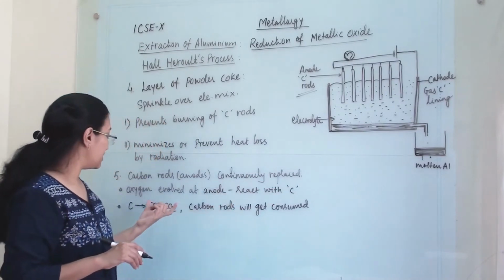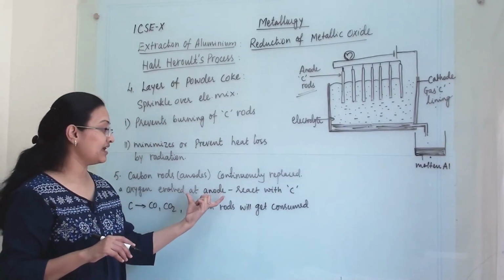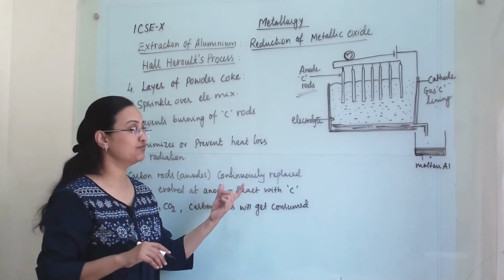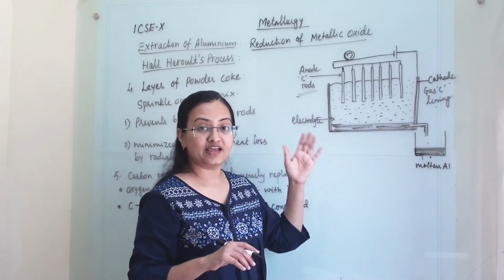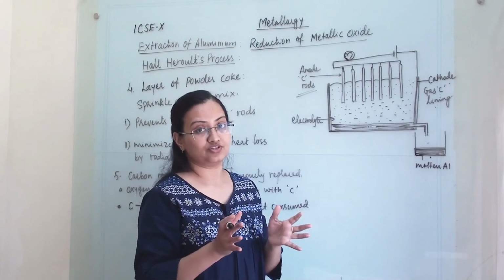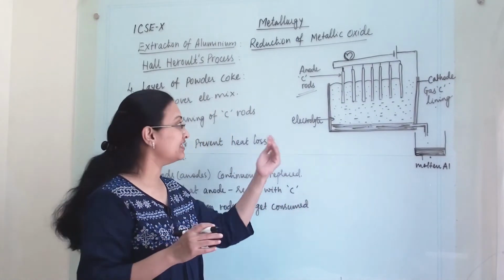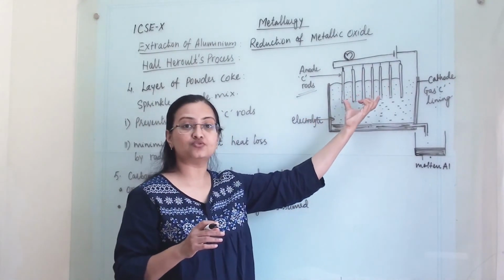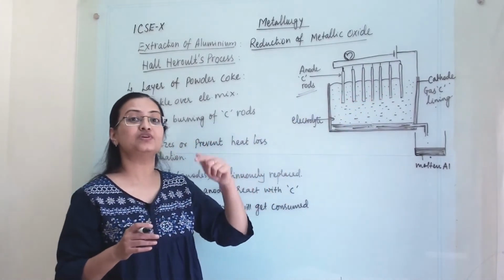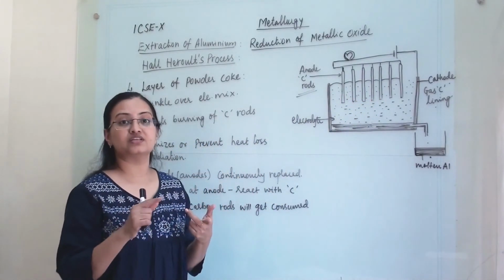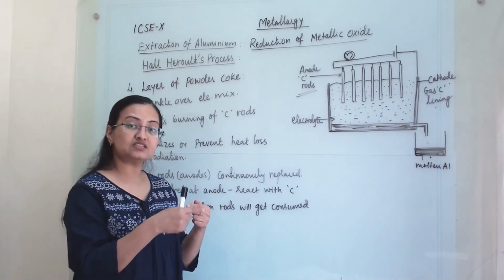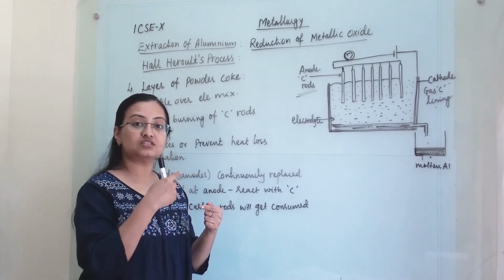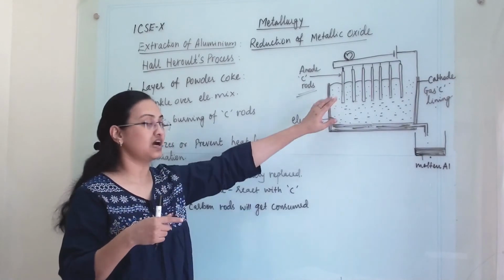Then the fifth one: carbon rods or anodes should be continuously replaced. Why is it so? Because oxygen evolved at the anode will react with carbon. We know that whatever is evolved at the anode, the product is oxygen. That oxygen will evolve and immediately react with this carbon rod, and we get carbon dioxide and carbon monoxide. So in this continuous process, oxygen is continuously reacting with this carbon rod.